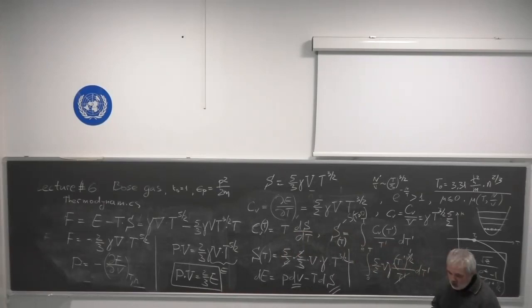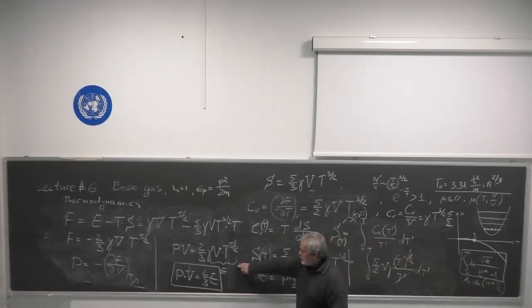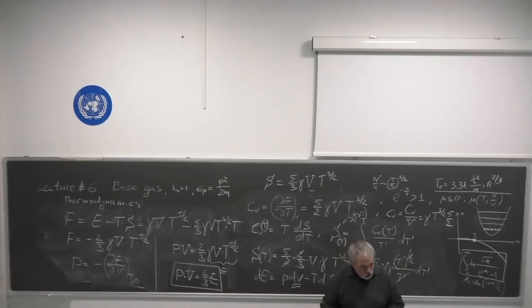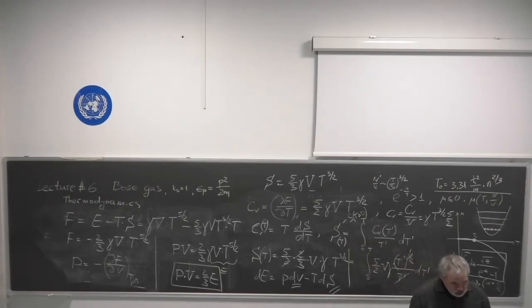And a last comment about thermodynamics: we see from here that pressure goes to 0 if temperature goes to 0, in contrast to the Fermi gas, where pressure doesn't go to 0. Why is it so? For temperature equal to 0, all particles occupy the state with 0 energy.